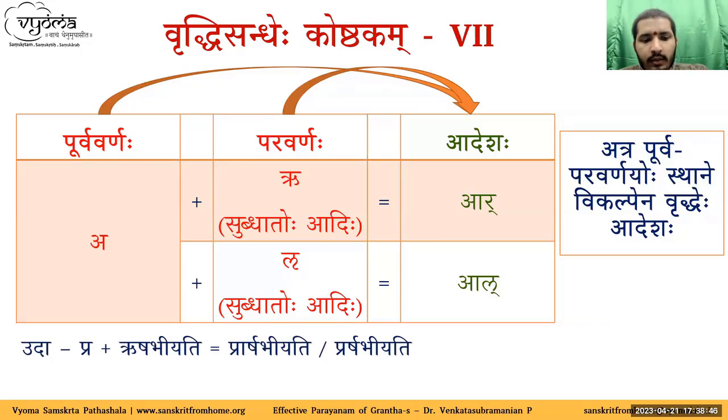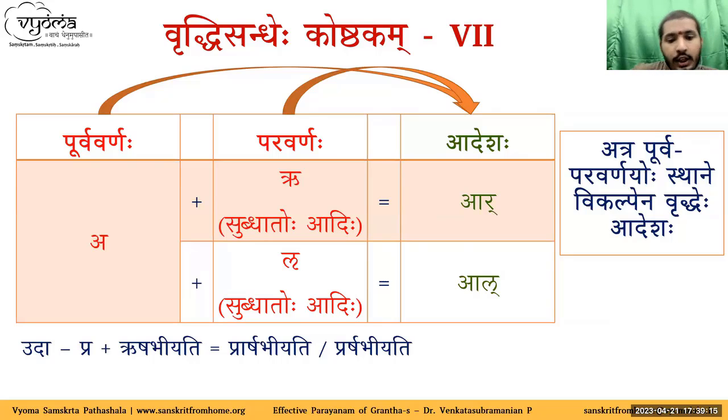So, Udaharanam. Rishabhiyati. Rishabha is a noun, but here it is converted into a dhatu. Rishabhiyati is the verb form. So pra plus rishabhiyati will get either prarshabhiyati if we consider vriddhi adesha.